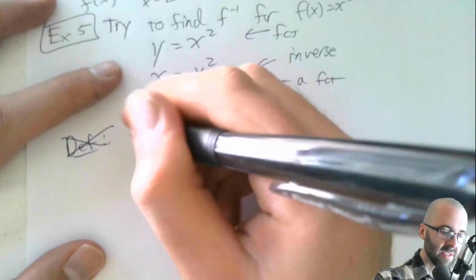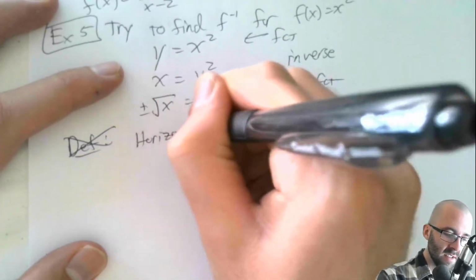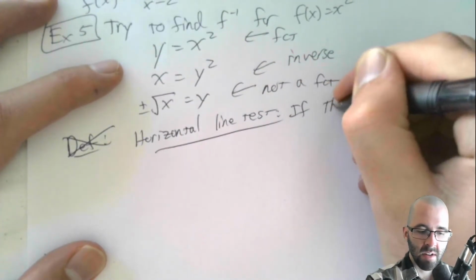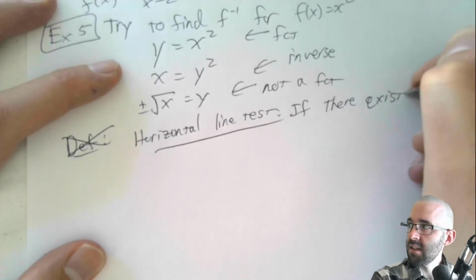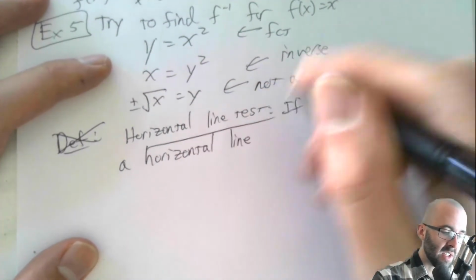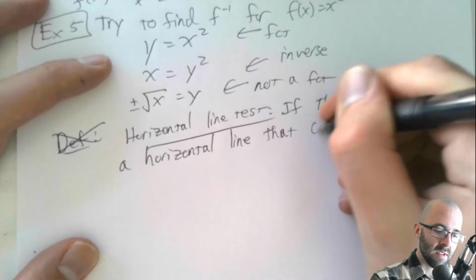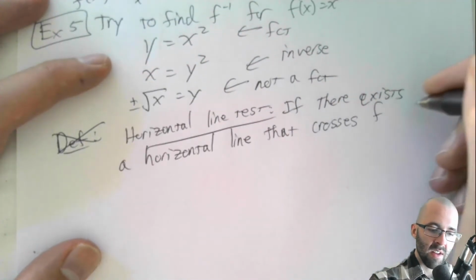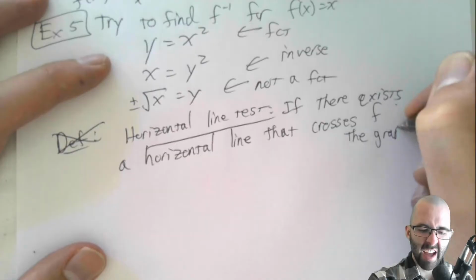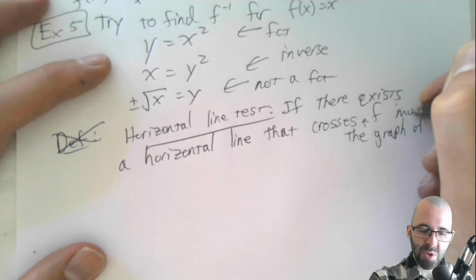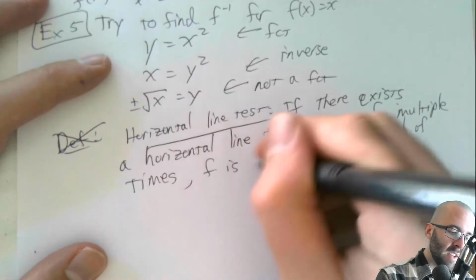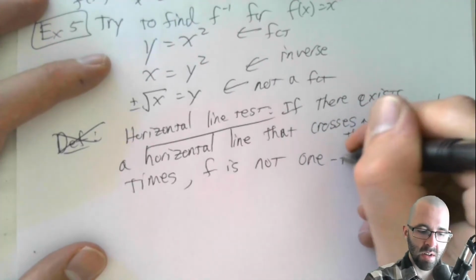Horizontal line test: if there exists a horizontal line, very similar to the vertical line test, that crosses the graph of f multiple times, f is not one-to-one.